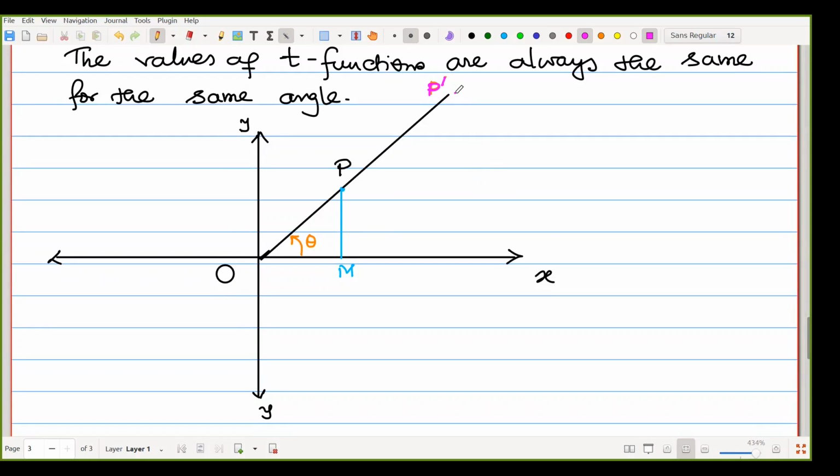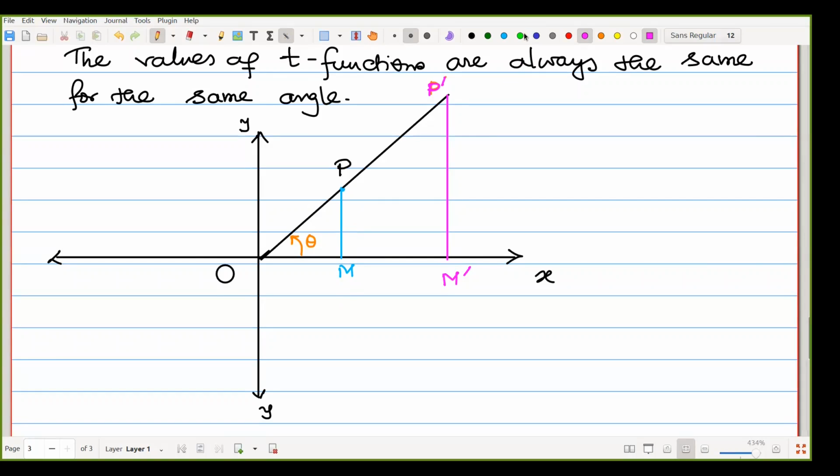And according to that P dash, we have taken another perpendicular here, and that is also joining the OX at M dash.